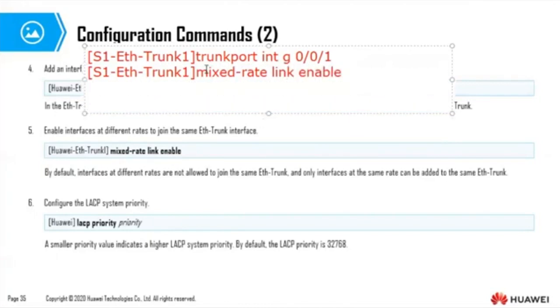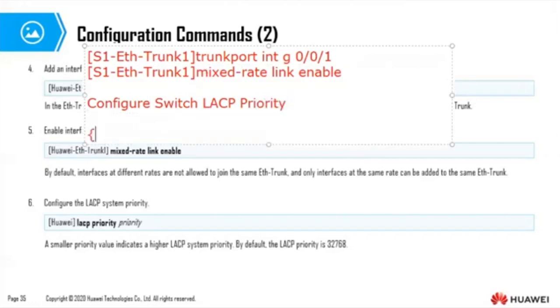How do you configure a switch LACP priority? So the command is, on S1 in system view, you do lacp priority, then the number, the priority.